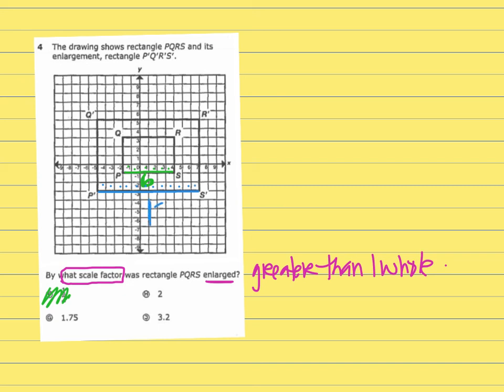Now the line is 12 units long. So if the original image was 6, and the dilated image is now 12, we're trying to figure out what we dilated by. So times something, and that one should be pretty easy for you guys. The scale factor would be 2. It just got twice as big.